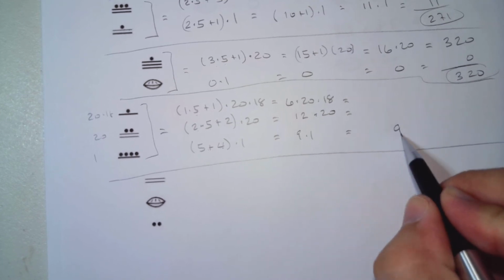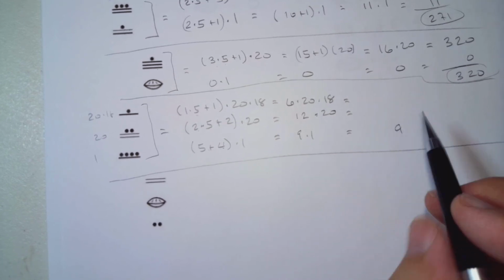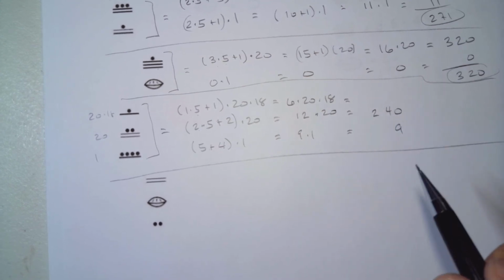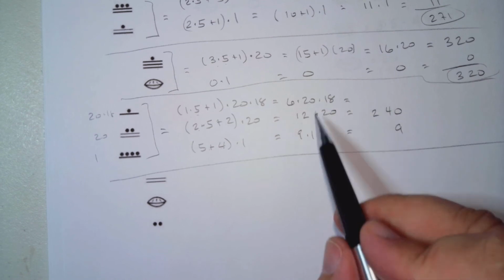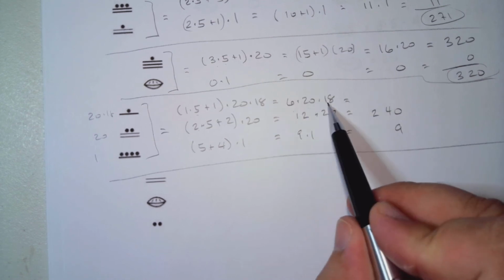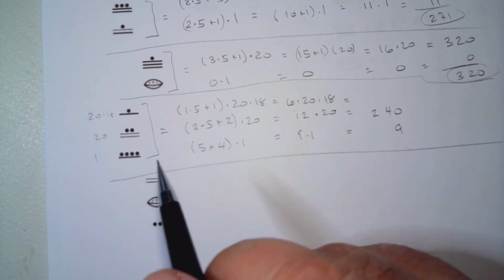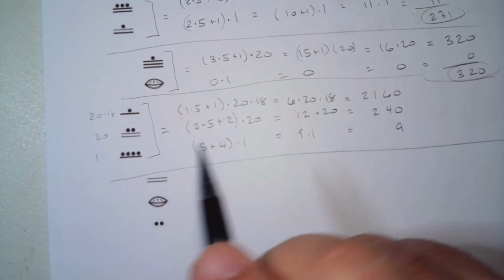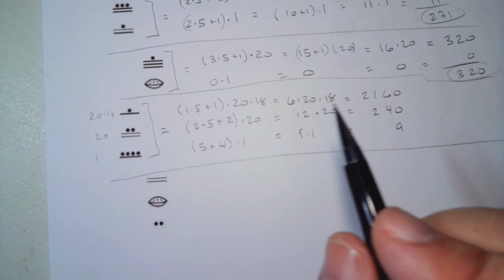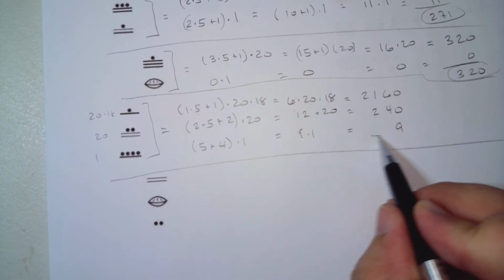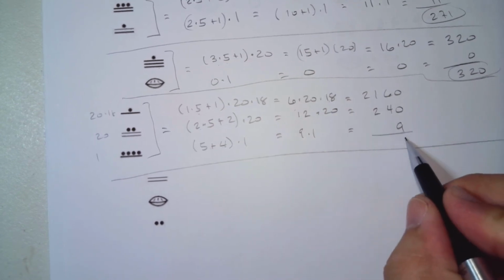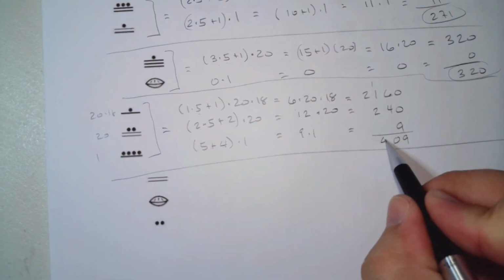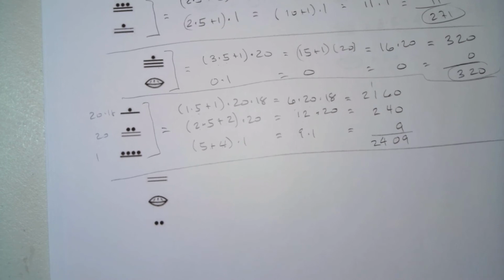So 9 times 1 is 9. 12 times 20 is 240. 6 times 20 times 18, 2,160. If we add those up, we get 2409.